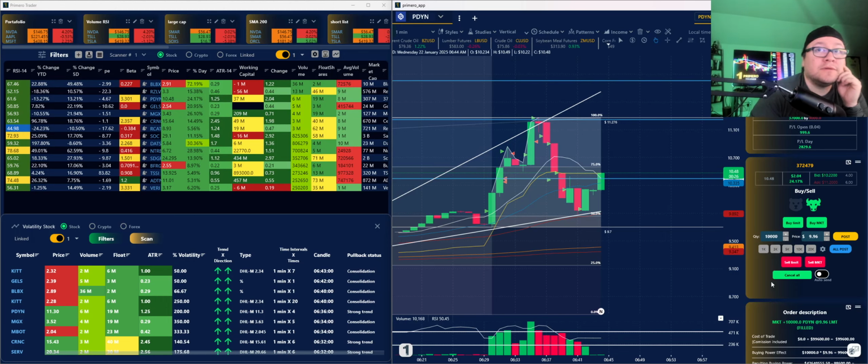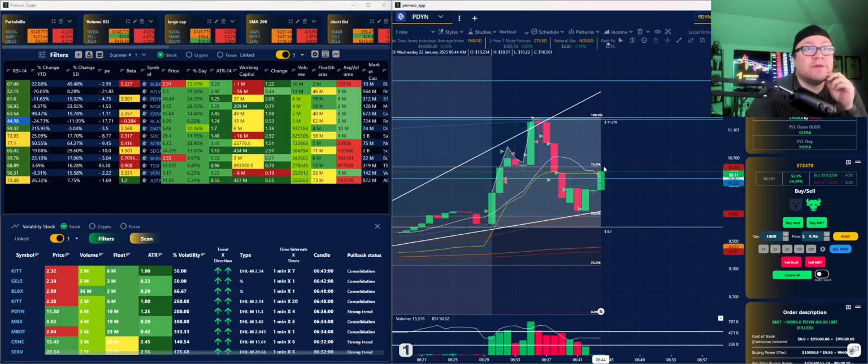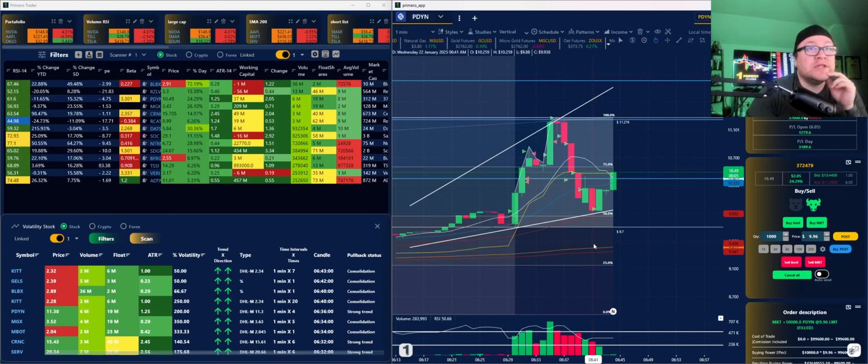All right, so it's making the move there. It's making the move. 25. So the blocks, the 50s, the 75, those are resistance and support areas within the day.